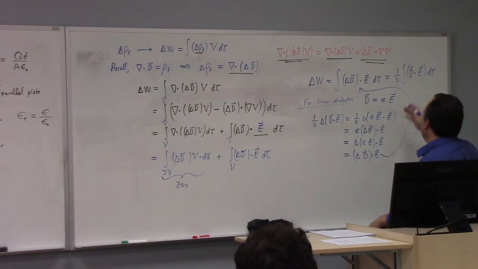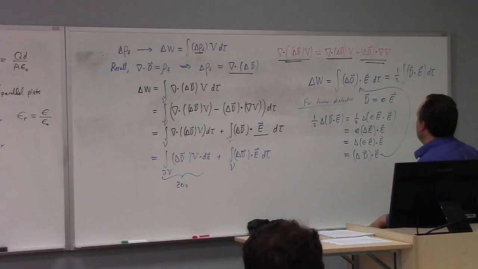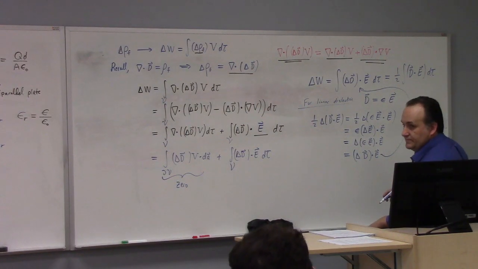So at least for a linear dielectric, we have that the energy density is D dot E over 2.